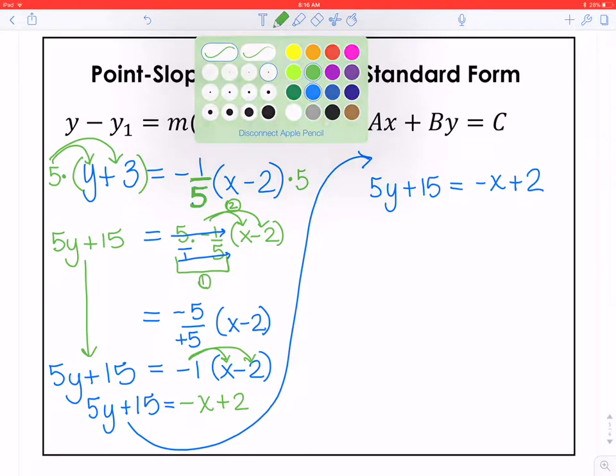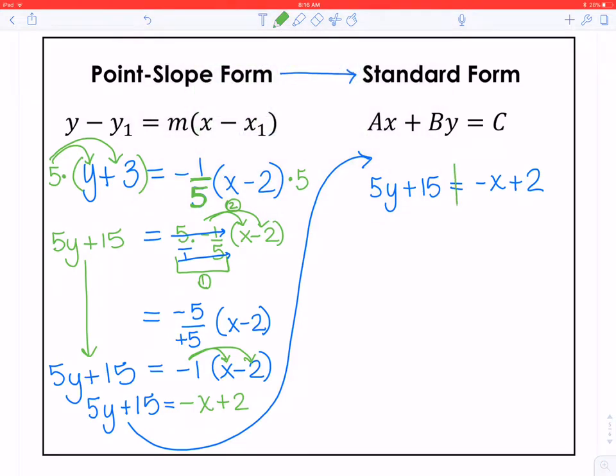So how am I going to undo that? I'm working to move things on either side of my equal sign, which means I'm doing my order of operations in reverse. I'm going to have to add x and add x. Meanwhile, I want to move my constant of 15 where it should be on the constant side on the right side. So to undo that addition, I will subtract 15, subtract 15.